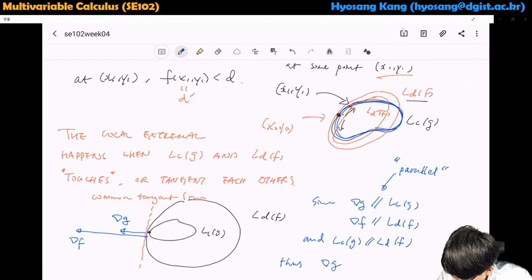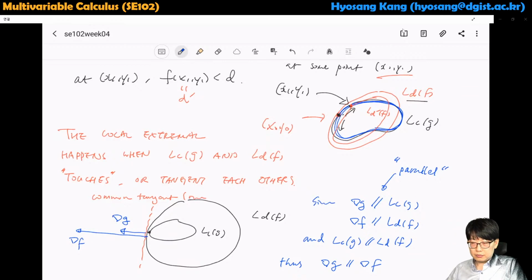Thus, these 2 gradients are also parallel. Okay. So when an extremal happens in the constraints, the level set of F and the level set of G, which is the constraint, should be parallel, which means that the gradient vectors of F and G must be parallel.